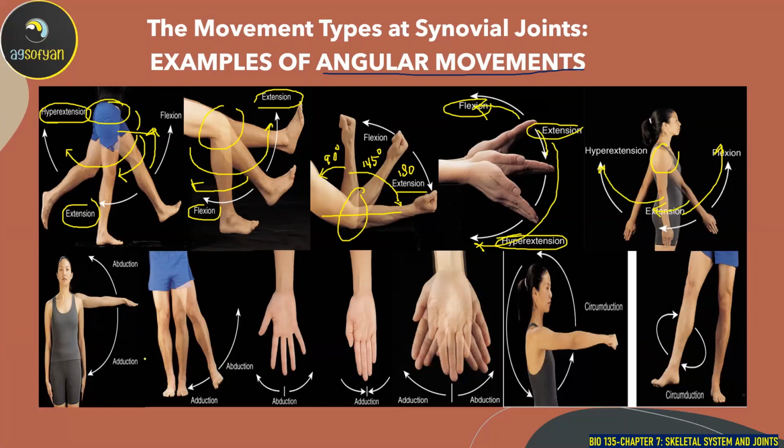This is abduction and adduction. Remember, abduction means away. This is the midline, our body. Away from the midline is called abduction. Moving toward the midline is what we call adduction. The same thing with our hip. We can perform abduction away or adduction toward the midline.